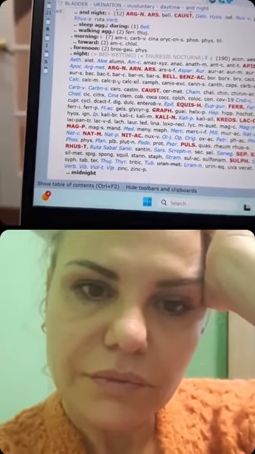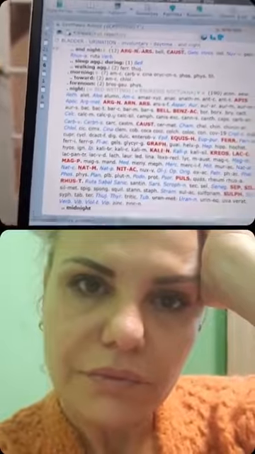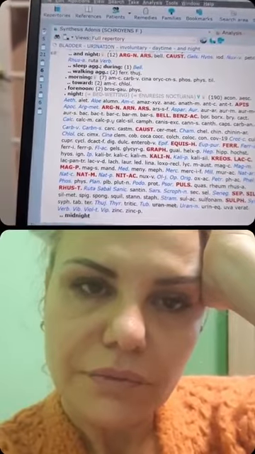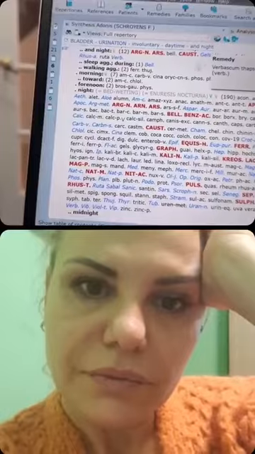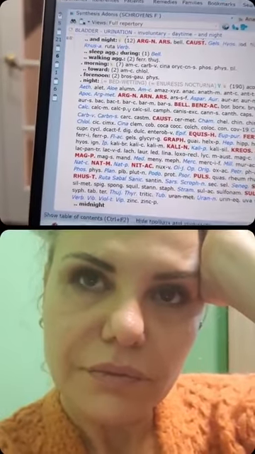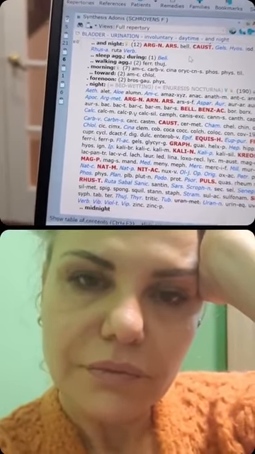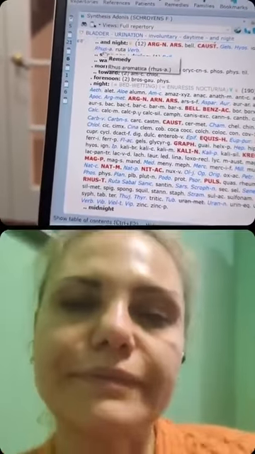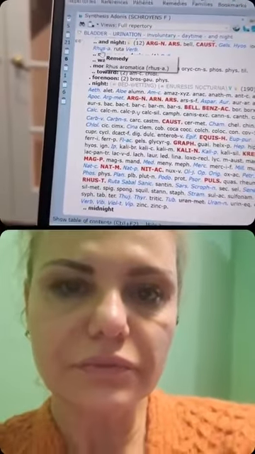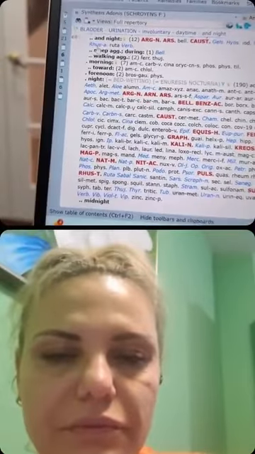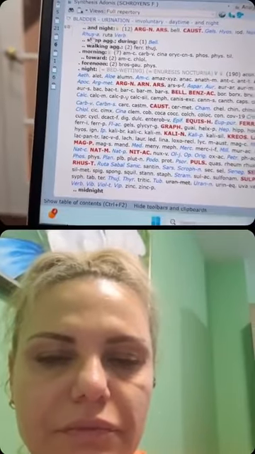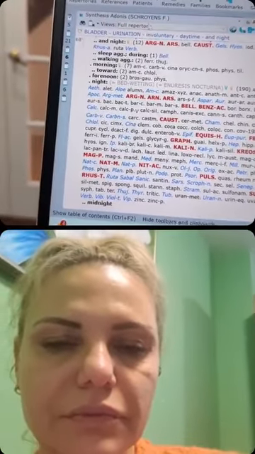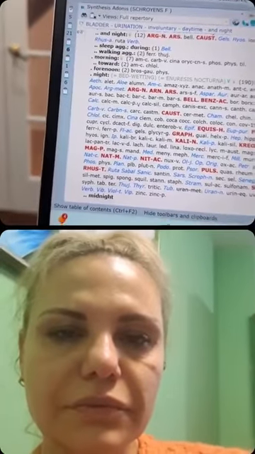Bladder urination that is involuntary, day and night, daytime or night, both constantly passing the urine. We have a few remedies here. One of them is Rhus aromatica. Day and night urination involuntarily.